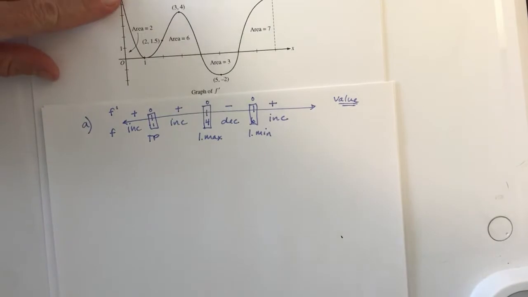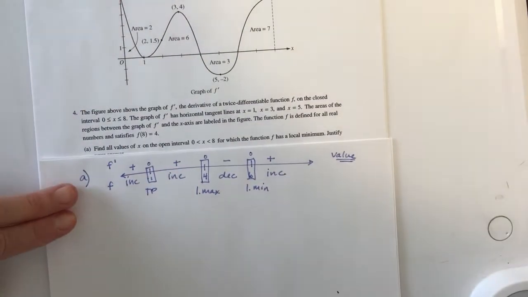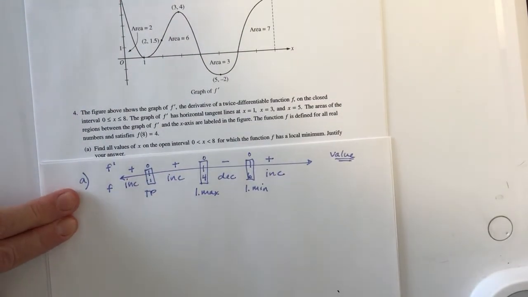All right, so now what was the question again? They were asking for all the values for which the function has a local min. Justify your answer.